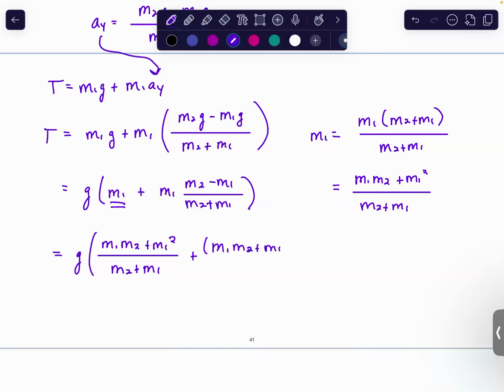Yep. Let me check my notes here for a second. I hate it when I do something a week ago and then I'm like, why did I do that?